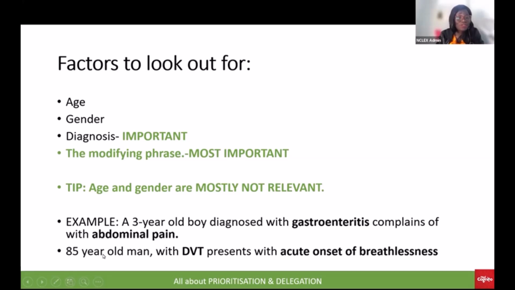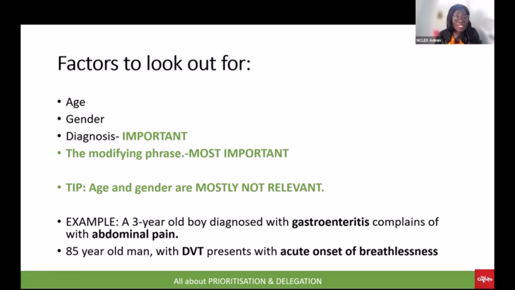The 85-year-old has deep vein thrombosis, and we know that it can get complicated and pulmonary embolism can result. And this man has acute onset of breathlessness. So it could be that there is pulmonary embolism, which is a complication of the deep vein thrombosis. This can kill the client fast.